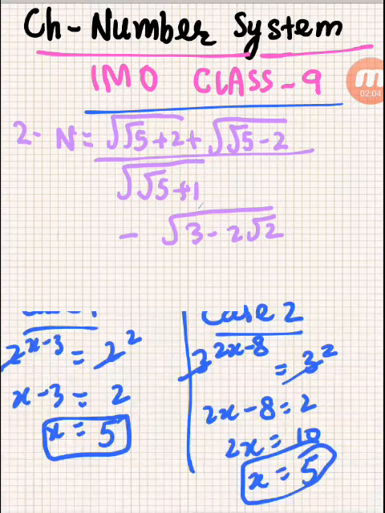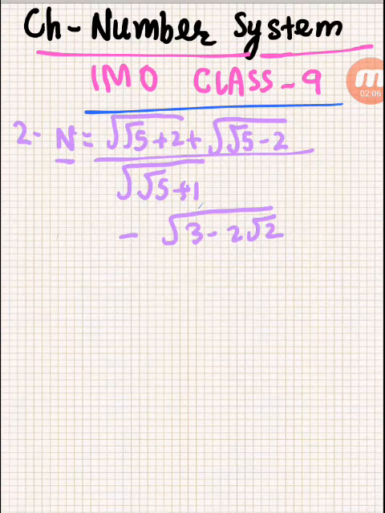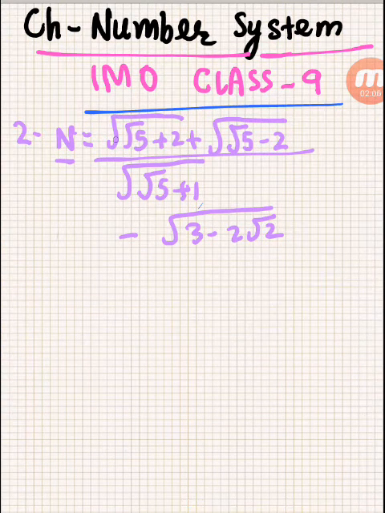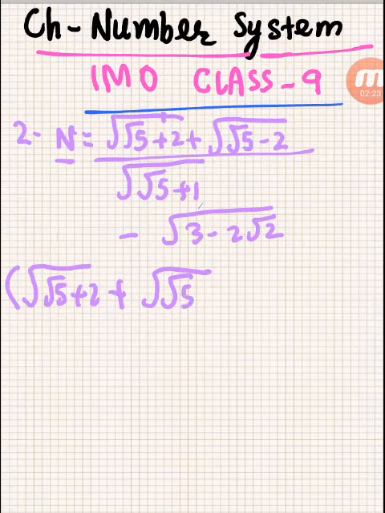So this is question number 2, and in this we have to find the value of n. So what we'll do is, first we'll square all these, in order to remove this square root. So we'll square first root 5 plus 2 plus root 5 minus 2 whole square.